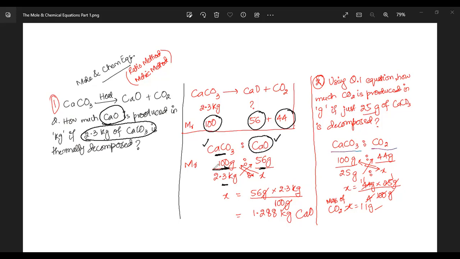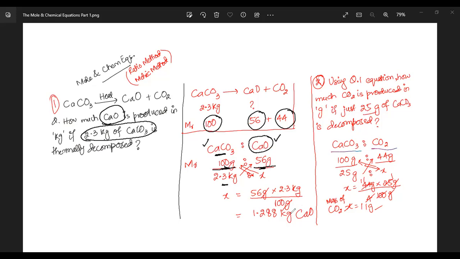Now, what I'm supposed to do is put a dividing sign in between both the values. I take the X over here, the other values over there. 100 grams comes as a denominator. 2.3 kg goes on the other side as numerator. 56 grams stays over there. X goes on the other side as numerator. So X is equal to 56 grams times 2.3 kilograms divided by 100 grams.